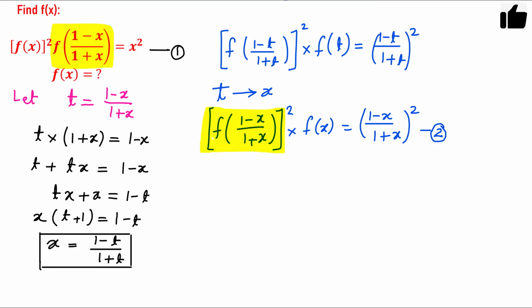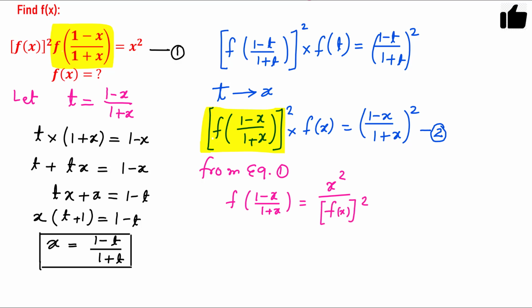From equation 1, we can write f((1 minus x) divided by (1 plus x)) as simply x squared divided by f(x) whole squared.